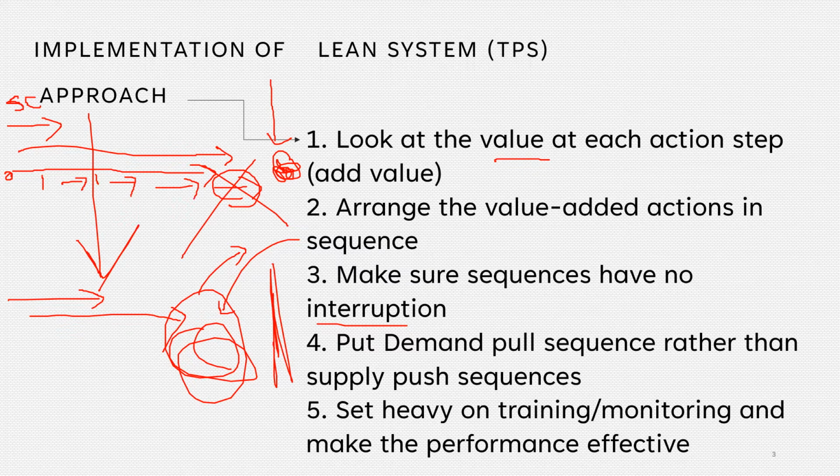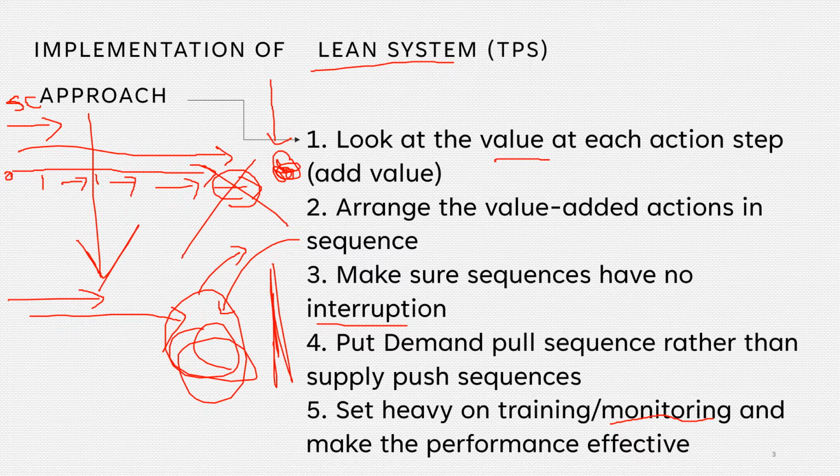You're going to set up heavy training, and you're going to have heavy monitoring of the system, because we've got to make sure the system is always effective and running. That is the only big money that they spend in a lean system. So the reliability is almost perfect. Really good.